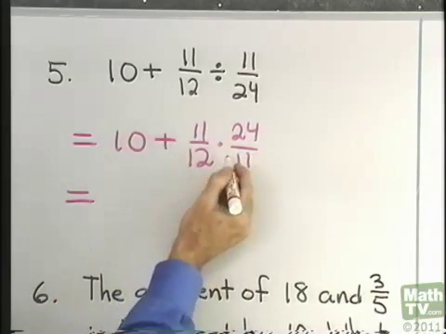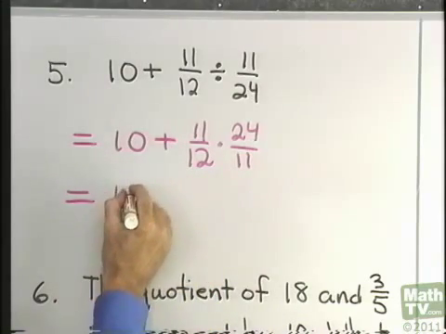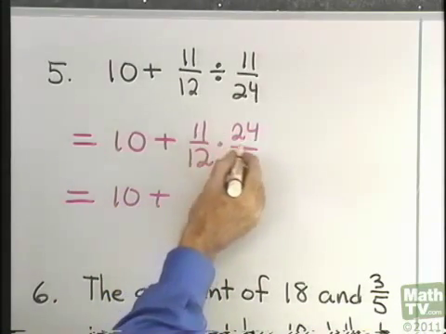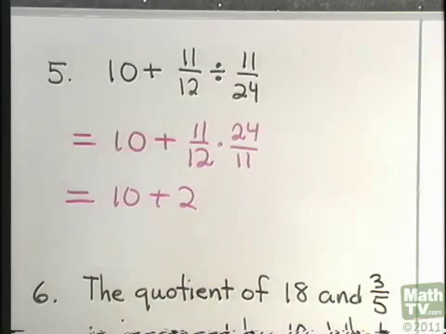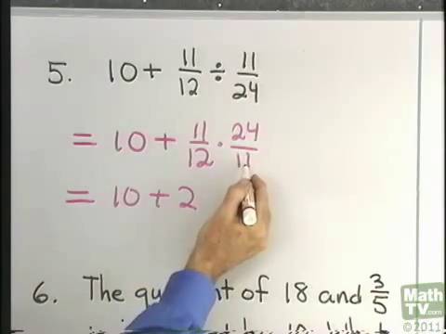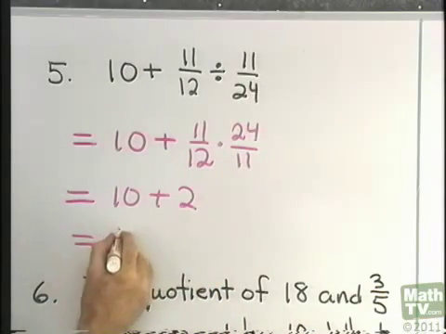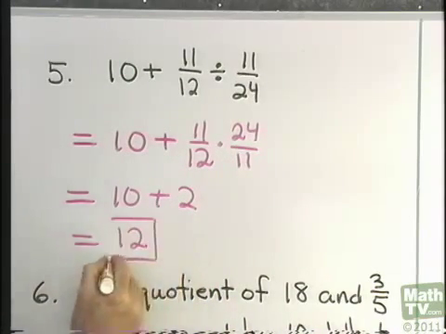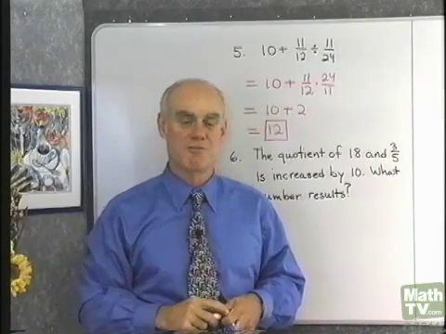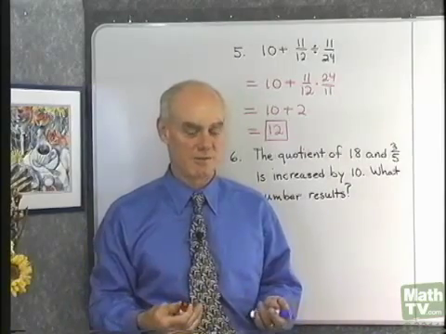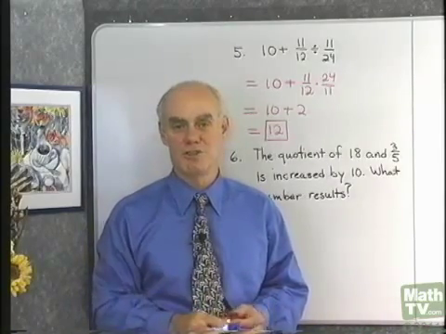Now if I multiply these out and divide out common factors, this is going to be 10 plus, the 11's divide out, the factor of 12 that's common to those two divides out, and what I have left is 2. So 11/12 times 24 over 11 is 2. 10 plus 2 comes out to be 12. So again, another problem in which I use the rule for order of operation first, and then in the process of simplifying the expression I have to do division with fractions.